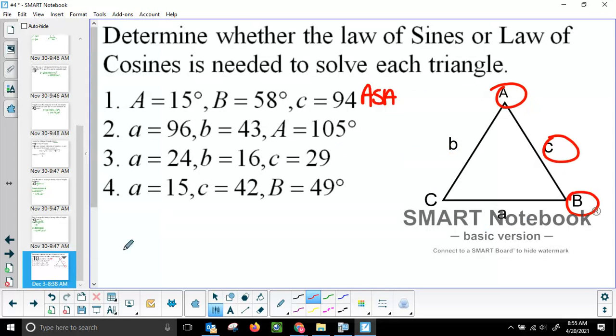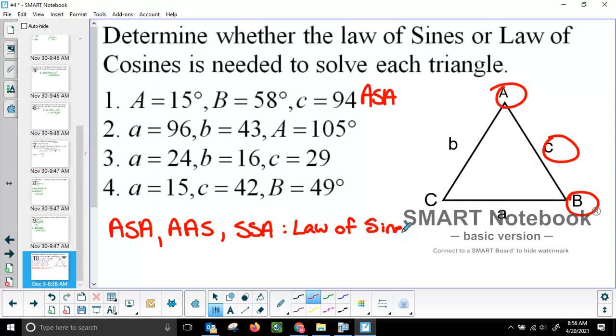So it is important here to remind ourselves that angle, side, angle, angle, angle, side, and side, side, angle are all law of sines. Now be careful here. This one with the asterisks is the ambiguous case.